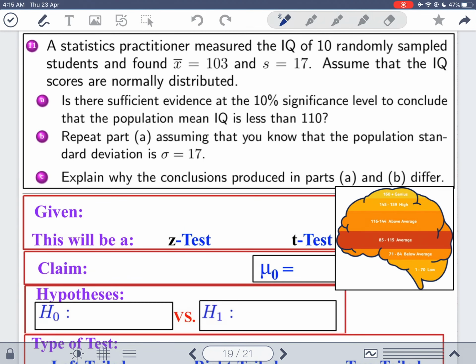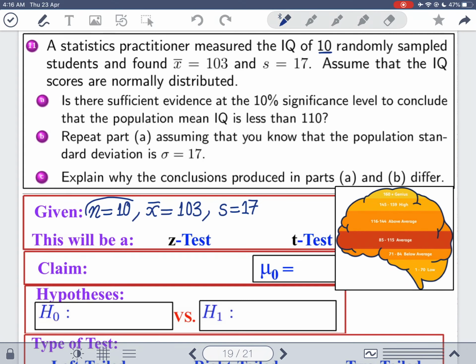So it says, a statistics practitioner measured the IQ of 10 randomly sampled students. So sample size is 10. And found X bar, so the average for this sample, the sample mean is 103 points on the IQ test, and the sample standard deviation is 17.